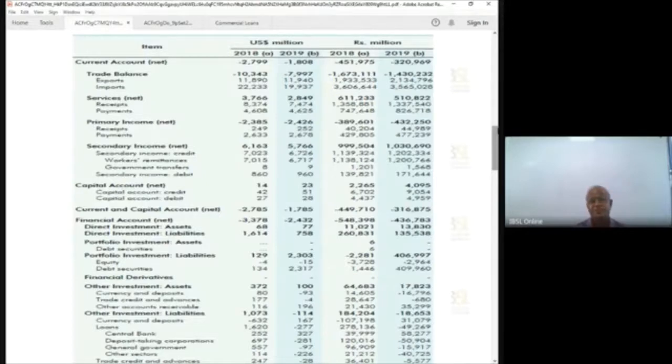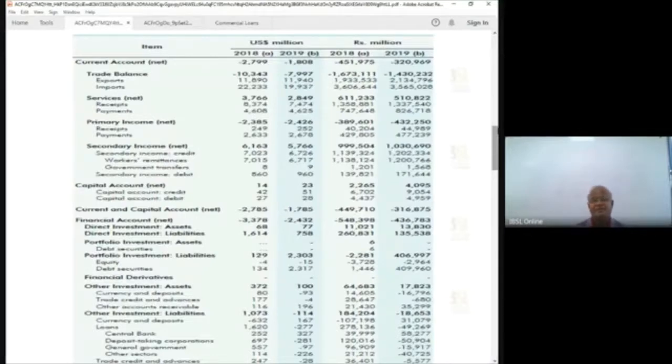See what imports are. Imports are nearly double. In 2018, exports were 11.8 billion and imports 22 billion.